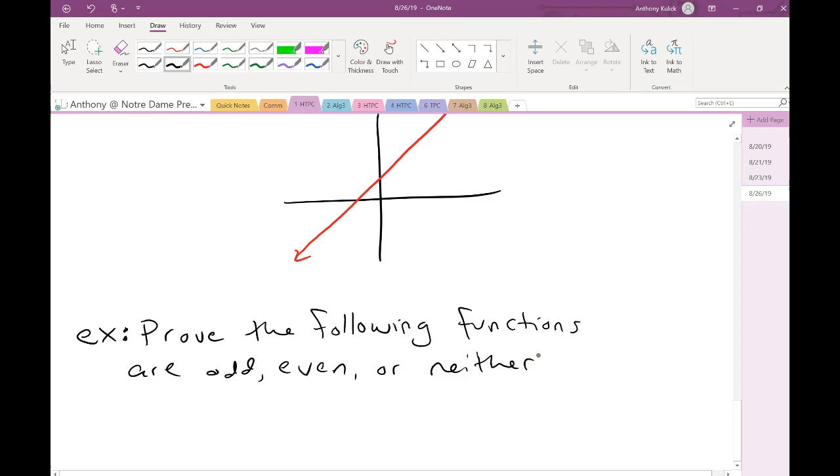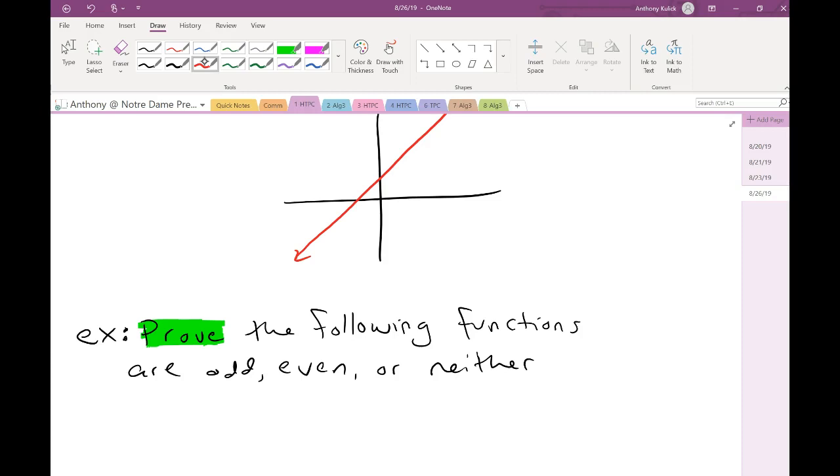So what we're going to do next is some examples of proving whether a function is odd, even, or neither. When we say prove, are we allowed to just look at the graph and say that's what it looks like? No. What are we going to have to use?